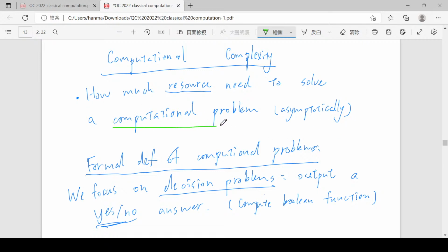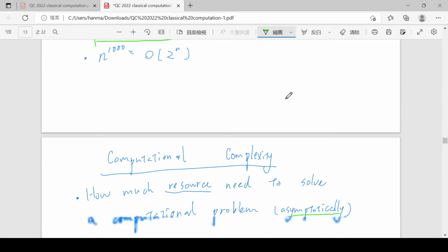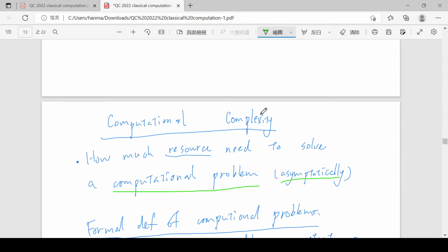If you want to be very practical, then it's this part: how much resource we need to solve a computational problem. And we are theoretical, so we care about how those two things scale asymptotically. That means we want to study what happens when your input scales to infinity, and how your resource scales.